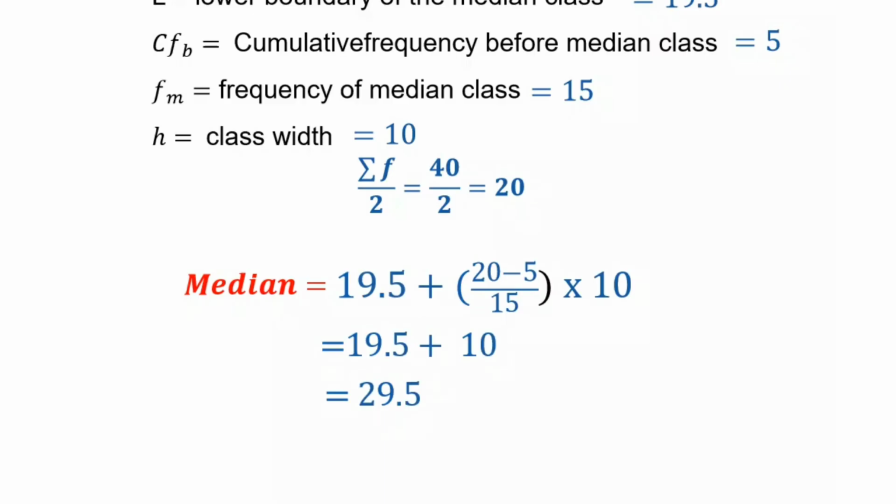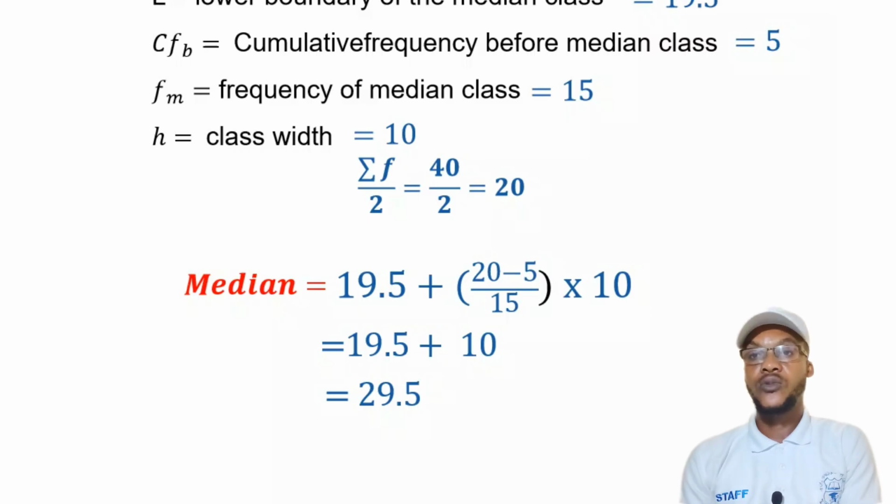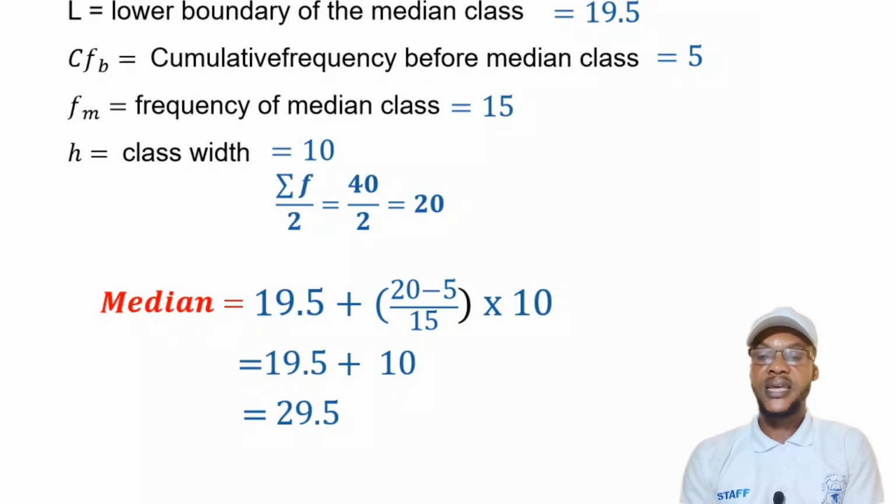So my dear student, when you get questions like this, it is very, very simple. That is wonderful. So, my dear student, that is how we find the mean, the median, and the mode of a grouped frequency distribution table.